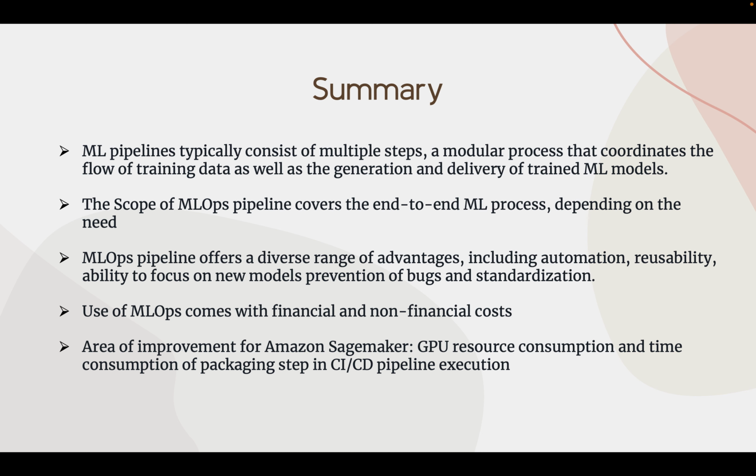An MLOps pipeline offers a diverse range of advantages, including automation, reusability, ability to focus on new models, prevention of bugs, and standardization. Use of MLOps comes with financial and non-financial costs. Areas of improvement for Amazon SageMaker are GPU resource consumption and time consumption of the packaging step in CI/CD pipeline execution.